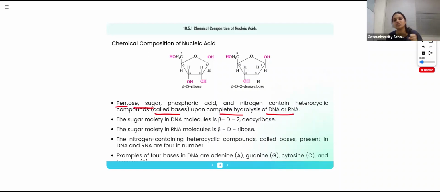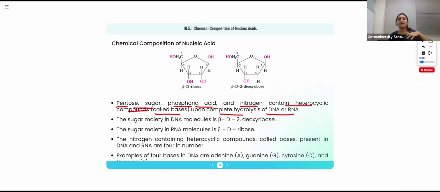What do you mean by pentose sugar? We discussed the different categories of carbohydrates, right? Keto sugar, aldose sugar, pentose, hexose. Pentose means it is a 5-membered structure. Then phosphoric acid is there, and nitrogen-containing heterocyclic compounds.